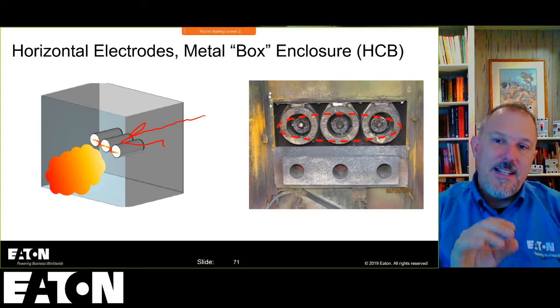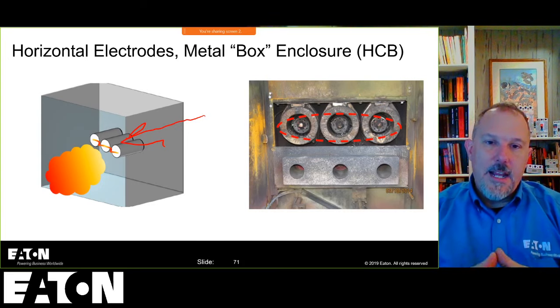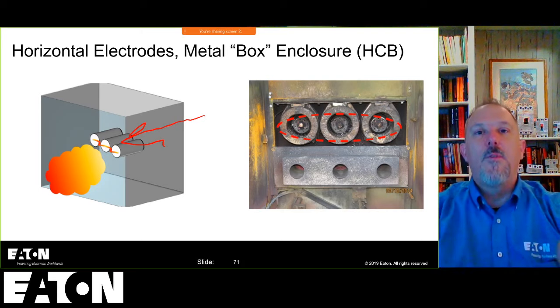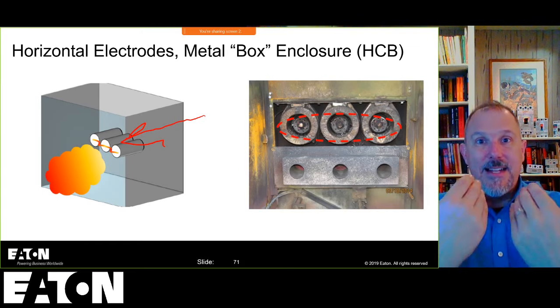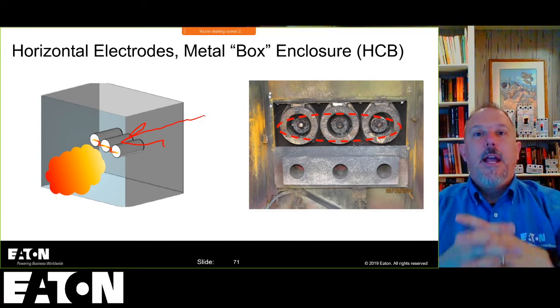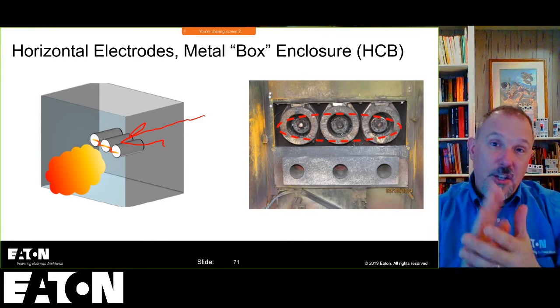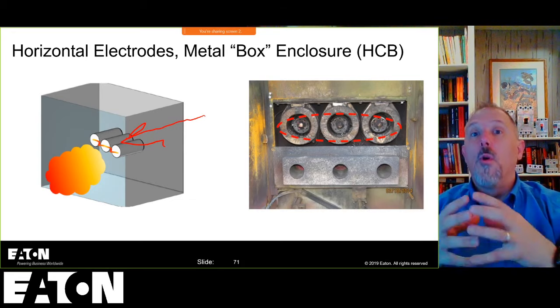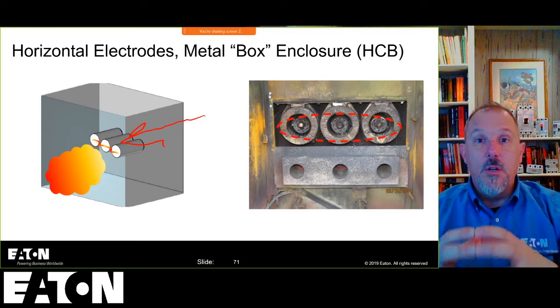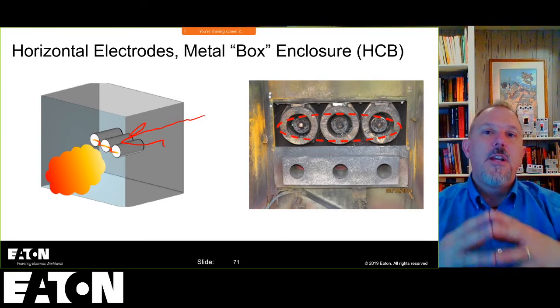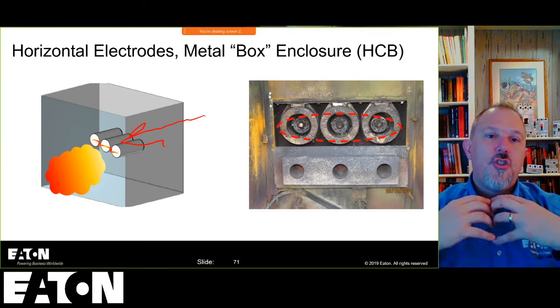But if you're looking at a transformer, or an MCC bucket where you've pulled the bucket out and you're looking at stabs, or you're in switchgear looking at bus work facing you, now you're in the worst possible location in that equipment, and you're seeing the worst possible energy because that energy is going to be propelled straight towards you.